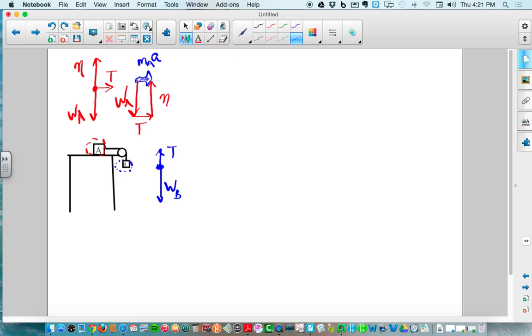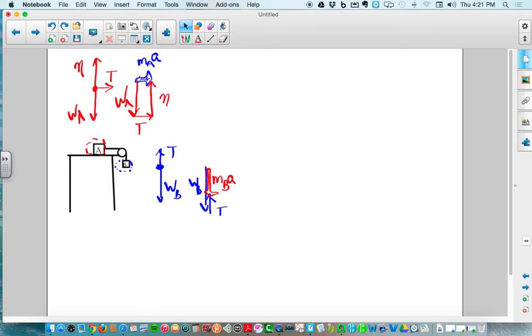Now, if I go to my hanging mass, which is mass B, and I do my vector sum diagram there, I get something like this, right? I get the weight of object B going down, tension going up, and then what you'll see is its net force vector will be going down, right? And that means that mass of object B times its acceleration will be that net force vector.